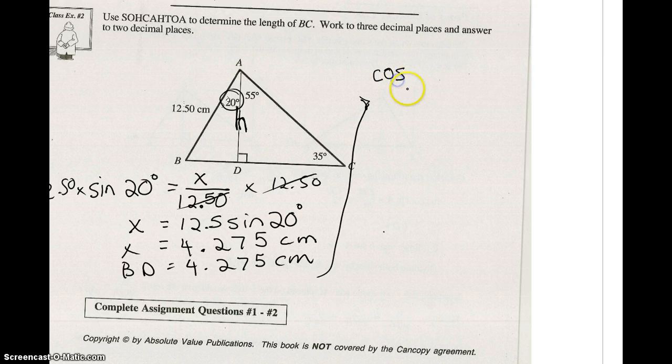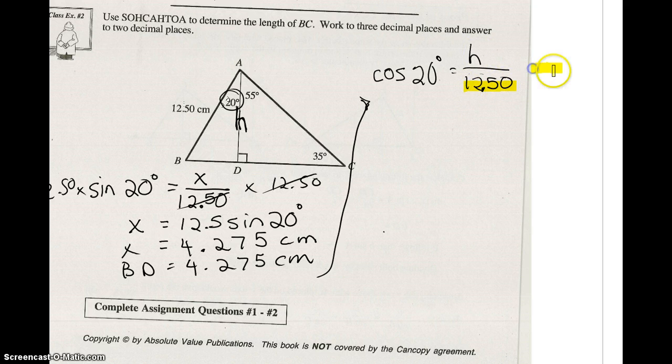So we have cos 20 degrees, and that of course is the adjacent, which is h, over the hypotenuse, which is 12.5. Once I have that, then I can go ahead and solve for h. Again, I'm going to multiply both sides by this 12.5.